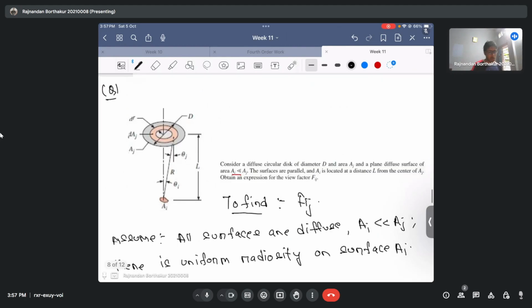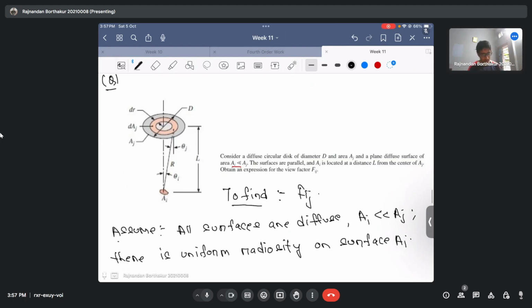Okay, you can just assume these things to calculate your Fij here.